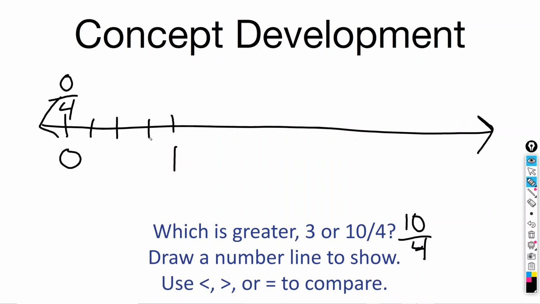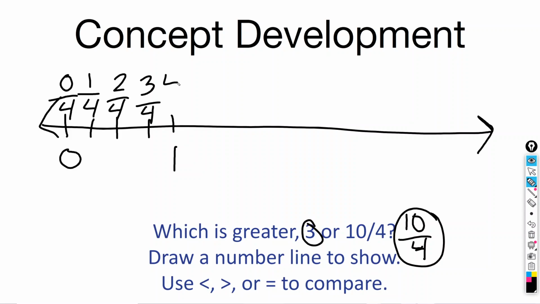And then we're just going to do this together. We're going to start making our number line until we have both 3 and 10/4 represented. So I have 0/4, 1/4, 2/4, 3/4, 4/4, which is the same as 1 whole.